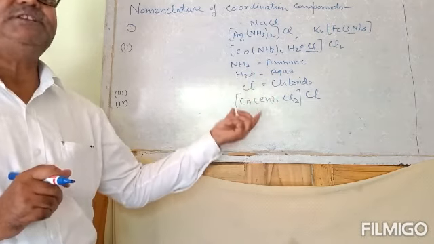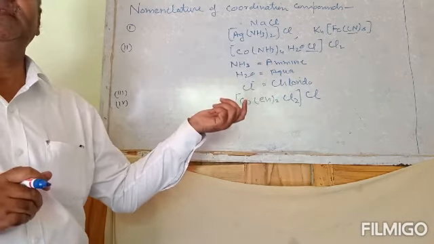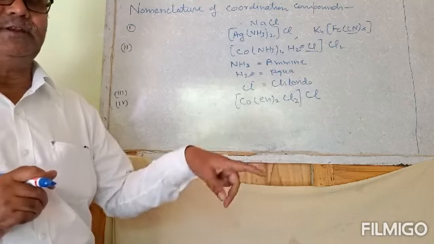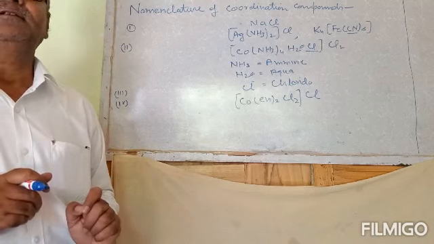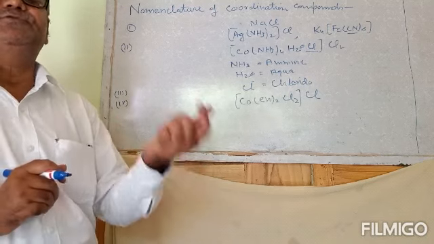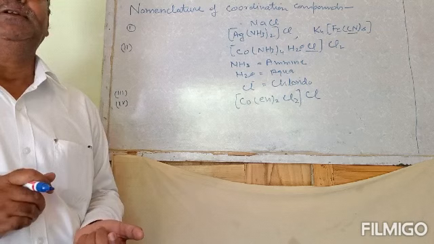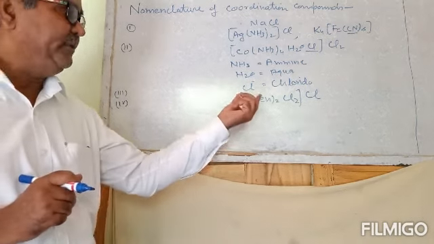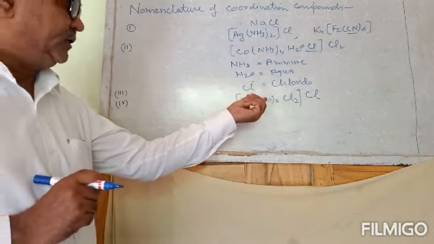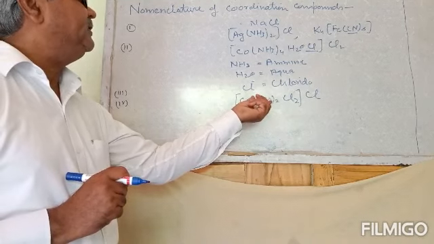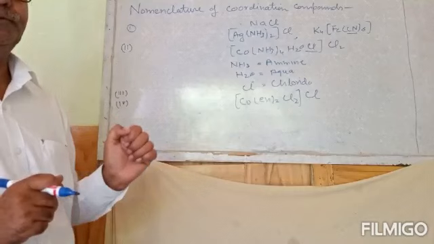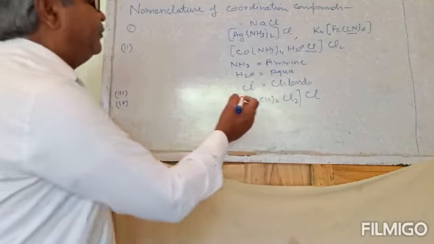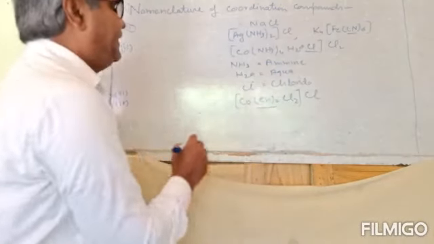En is the abbreviation of ethylene diamine or ethane 1,2-diamine. So ethane 1,2-diamine, in the name di is used. Therefore, while naming, before writing ethane 1,2-diamine, bis will be used. So I am only writing the name of this ligand.